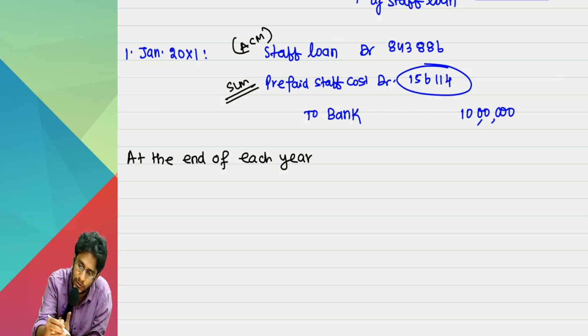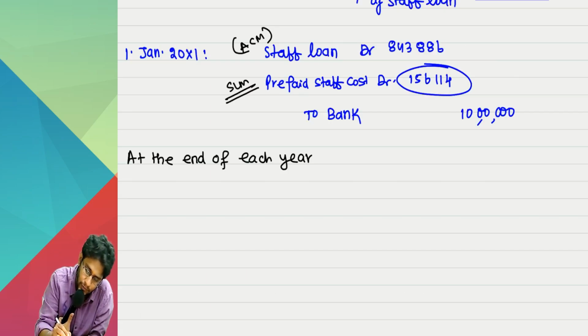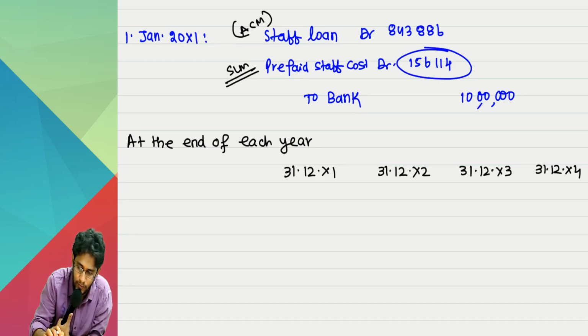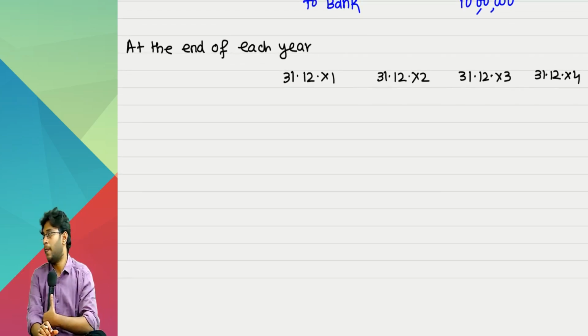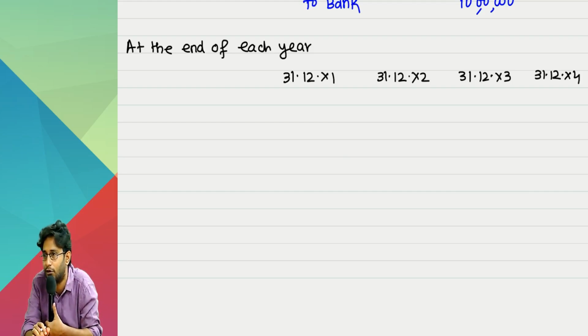At the end of each year, what is the balance sheet date here? December, okay. 31st December x1, 31st December x2, 31st December x3, 31st December x4. Ideally, the smart version, sir: in the exam, if I am the valuer and you do this, I'll give 1 mark extra for doing this.